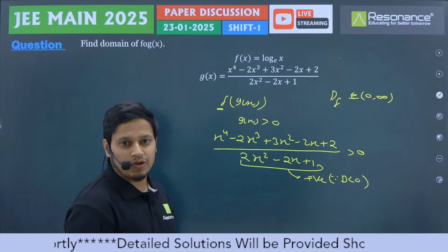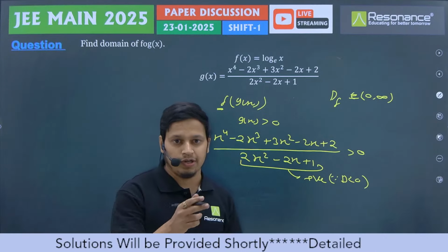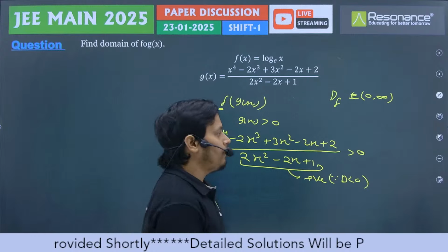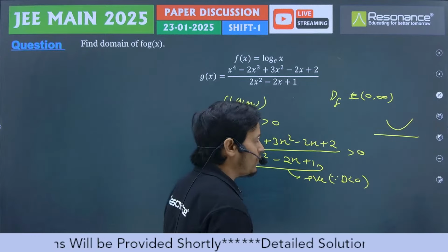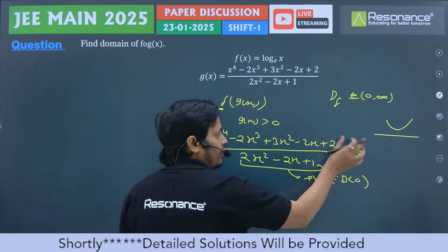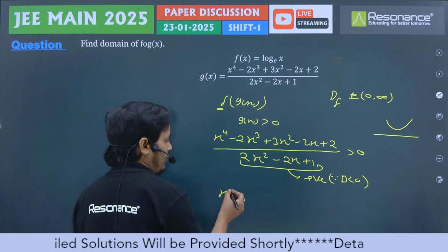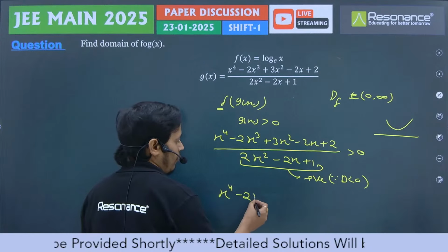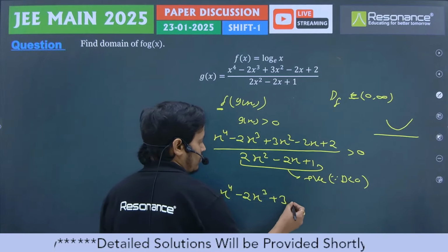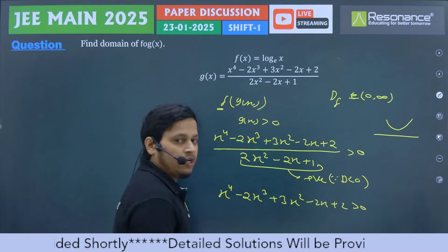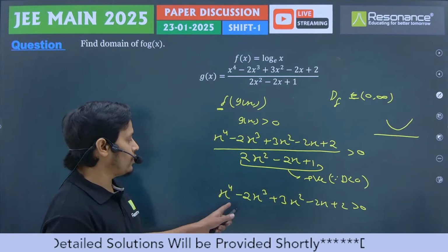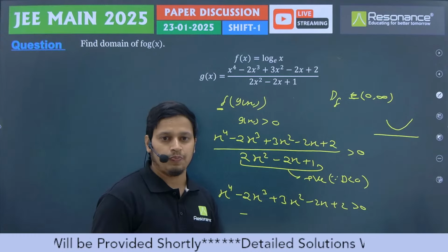If you find b square minus 4ac and D is less than 0, it means you have no real root, so when you draw the graph it will lie above the axis. So it is always positive, and we can multiply through. Then finally we have x power 4 minus 2x cube plus 3x square minus 2x plus 2 greater than 0. Now we want values of x so that this expression is always positive.